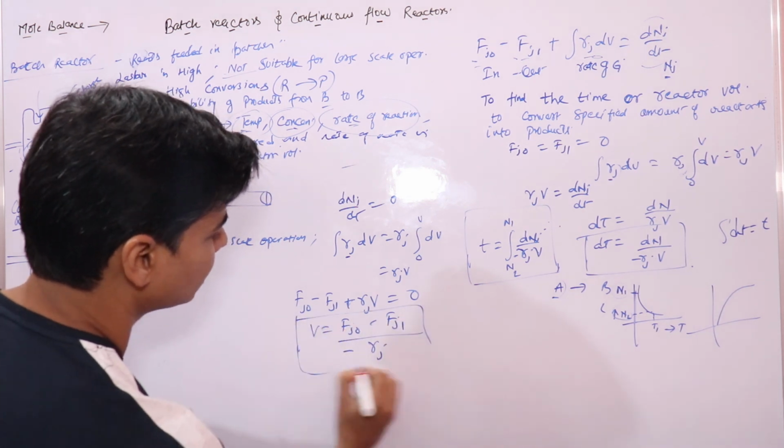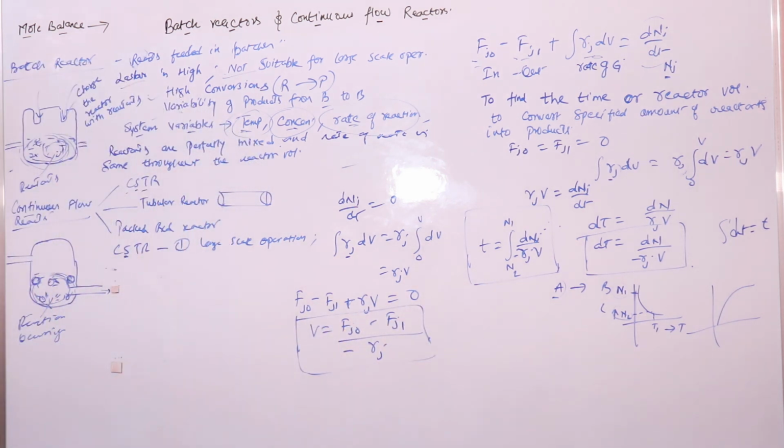This is your expression for the reactor volume that would be required to convert the specified amount of reactants coming in into the products going out. Fj0 and Fj are the molar flow rates.